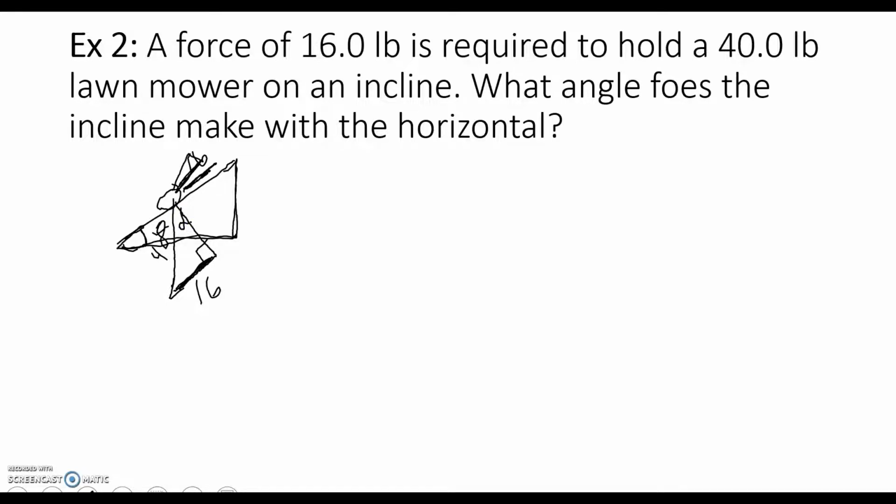Because that is the opposite and the hypotenuse, we will say the sine of alpha is equal to 16 over 40. In order to solve for alpha, we would take the inverse sine of 16 over 40.